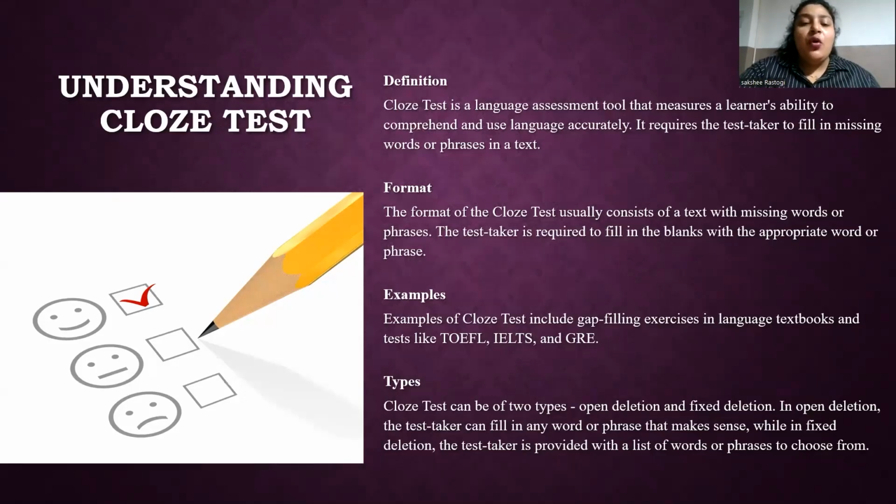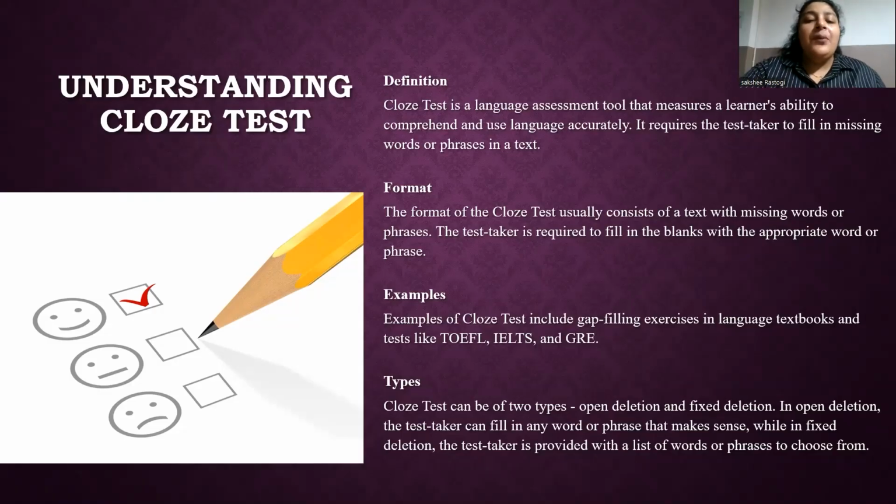Reading comprehension cloze assesses reading comprehension with blanks that require test takers to fill in the correct answer based on the passage. Listening cloze combines listening and reading skills, with test takers listening to a passage and filling in the blanks in a written passage.